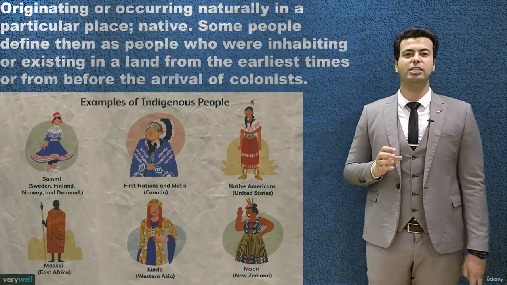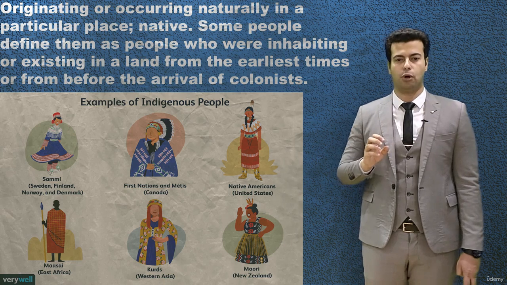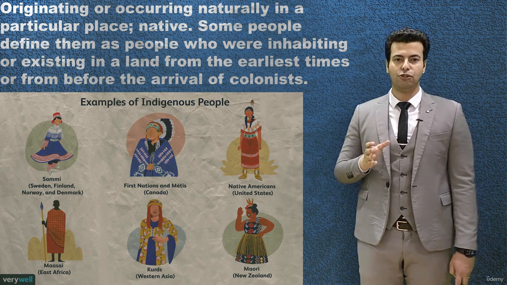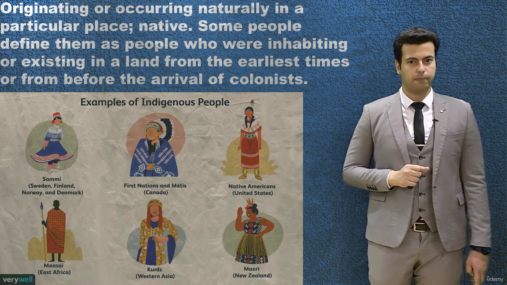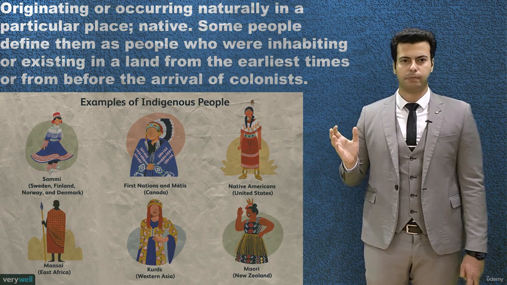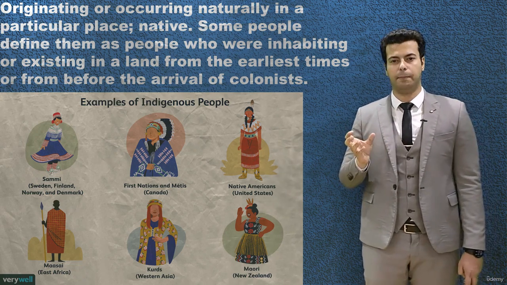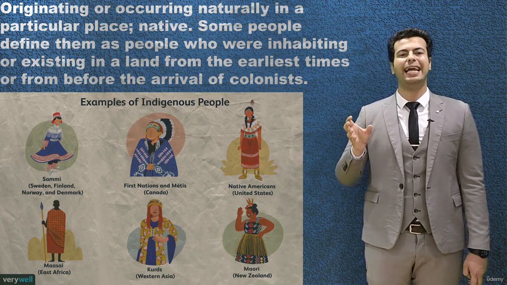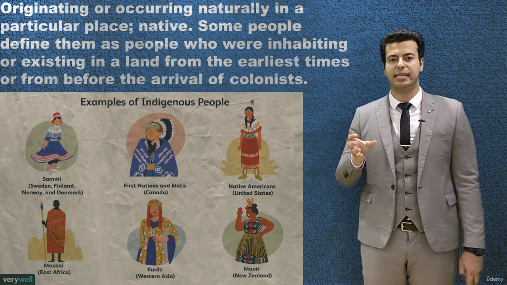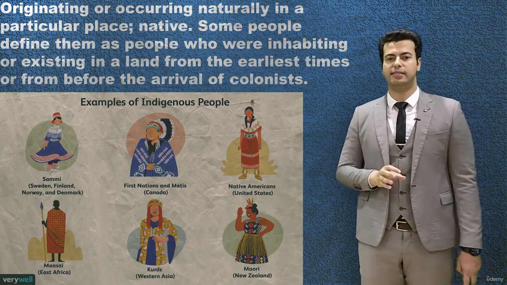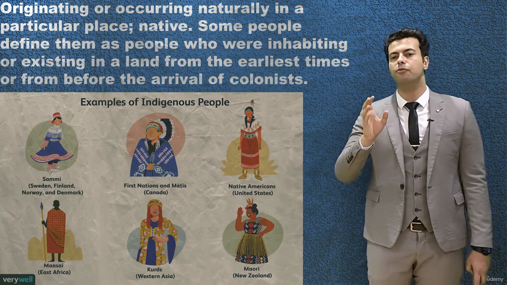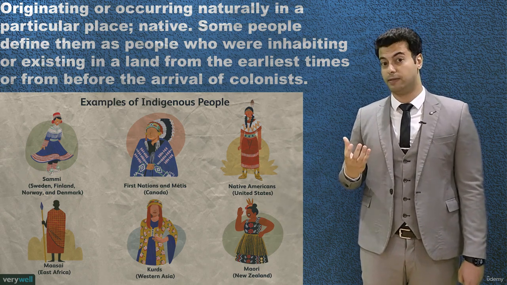The word indigenous means originating or occurring naturally in a place. A native person. Some people define them as people who were inhabiting or existing in a land from the earliest times, or from before the arrival of a colonist.